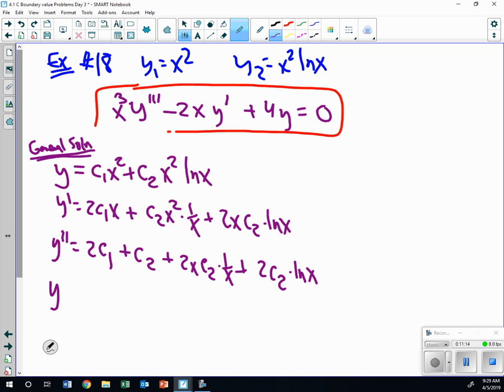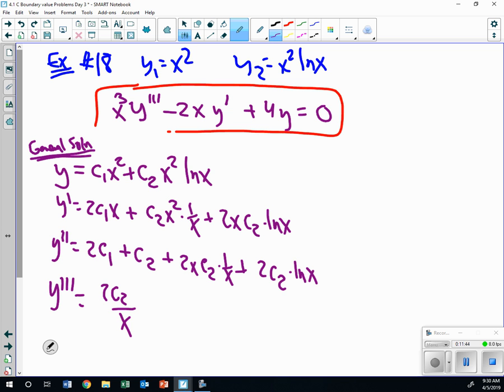So now when we do the third derivative, these will be 0. This will just be 2c2, right? Because the x over x. Oh, no. This will be 0, won't it? And then this is just going to be 2c2 over x. Does that sound right? All right.